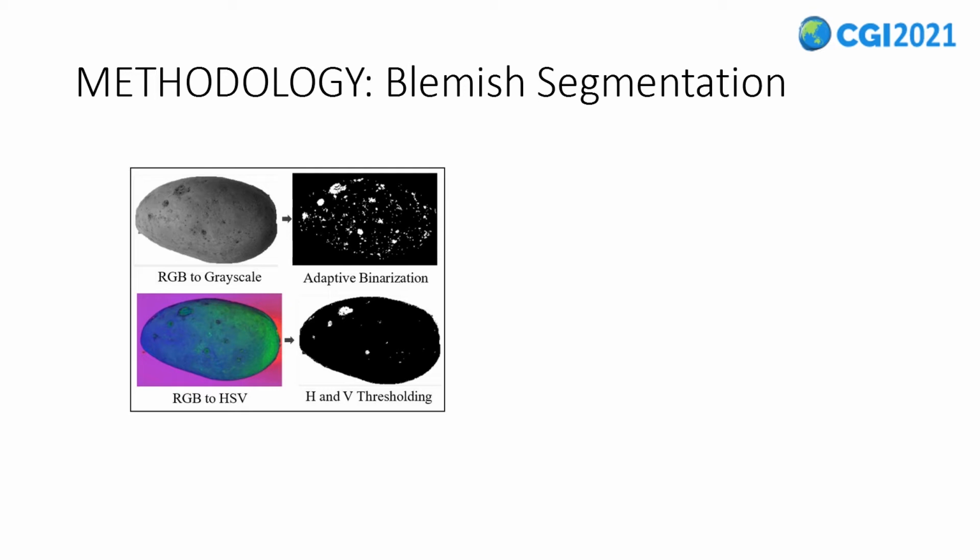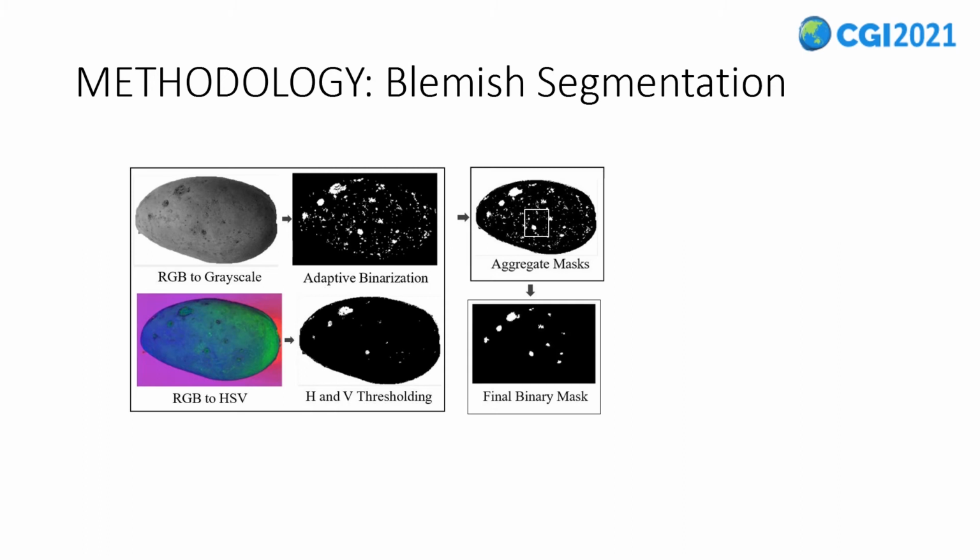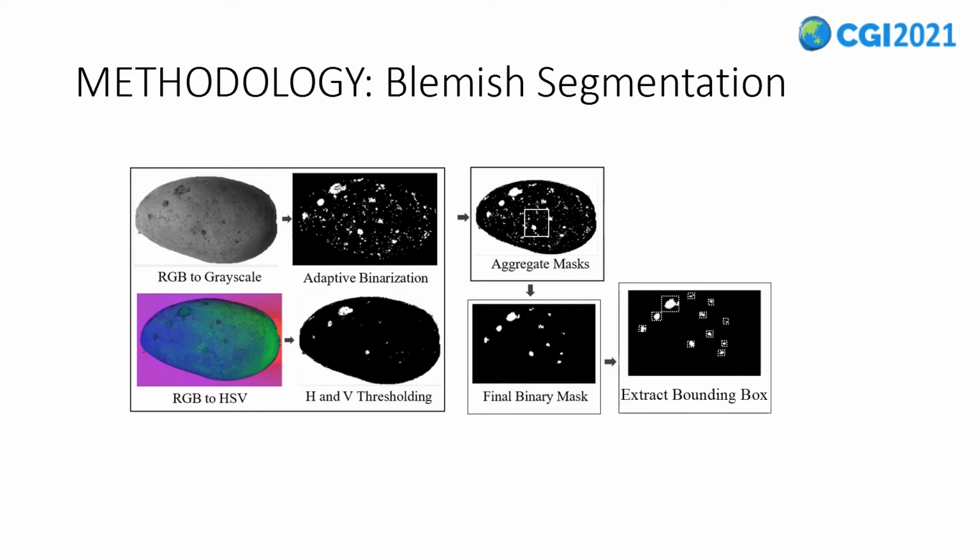The resulting masks were aggregated and cleaned using morphological operators. Each of the blemishes is isolated by computing the crop parameters. These parameters were also used as the values needed for the bounding box of these blemishes.